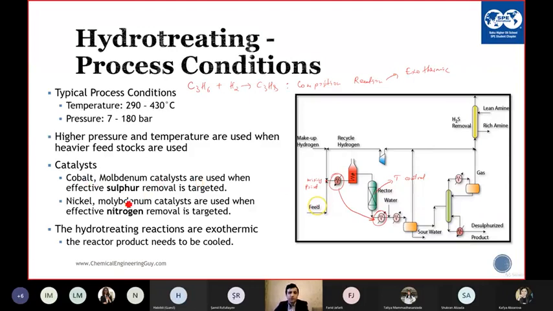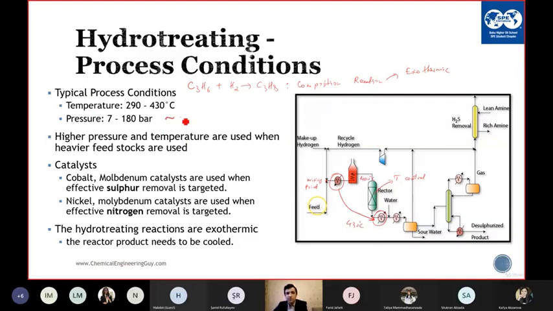You can also use a nickel molybdenum catalyst for nitrogen removal. The temperature can be between 300 and 430. So for instance, if the inlet is 400 degrees Celsius, the outlet will be 430 degrees Celsius because of the exothermic reaction. And the pressure is between 7 and 180 bar.